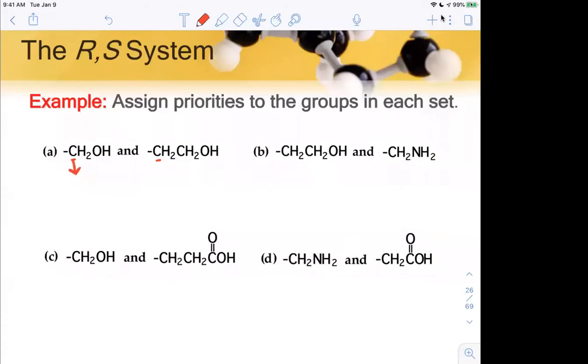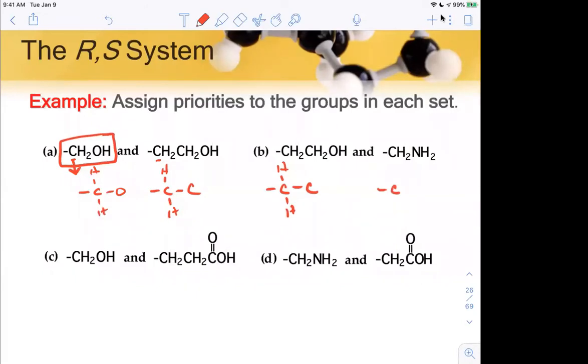On this carbon, I have 2 hydrogens and an oxygen. On this carbon, I have 2 hydrogens and a carbon. That's as far as I need to go. This is higher priority. Here, I have 2 hydrogens and a carbon.